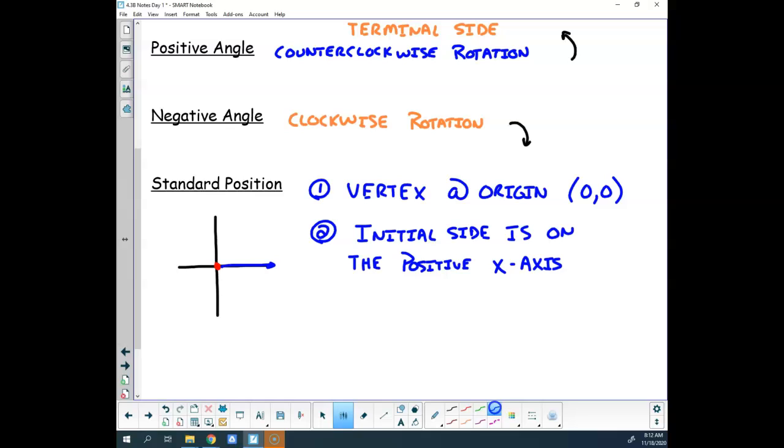And then from that, however much rotation we have to go, that's how much rotation we have to go to get there. Remember that these are in quarters, so each quadrant is 90 degrees. Good to go on that?